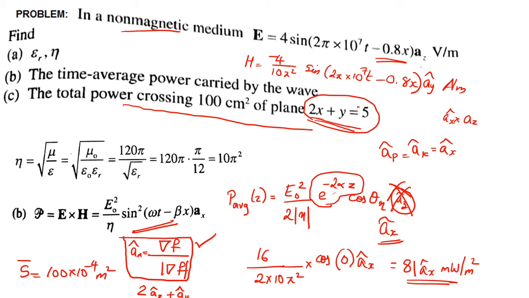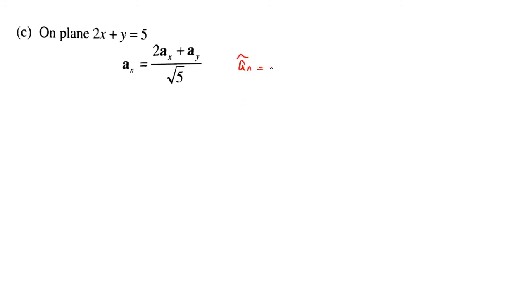Here it is scalar, so it does not make any change. So it will be 2ax plus ay divided by square root of 5. What you are doing is, this 2x plus y is equal to 5, you are taking this unit vector an equal to del f divided by modulus of del f. Here f is 2x plus y minus 5.